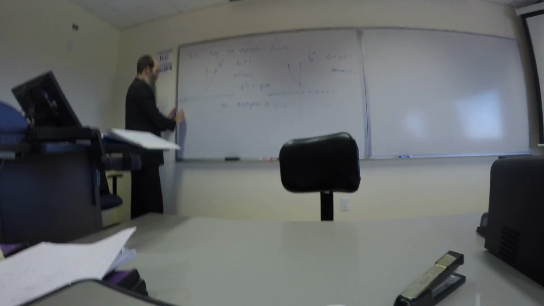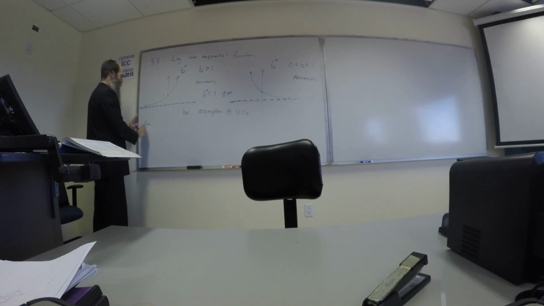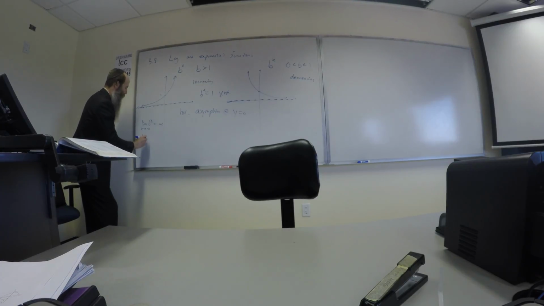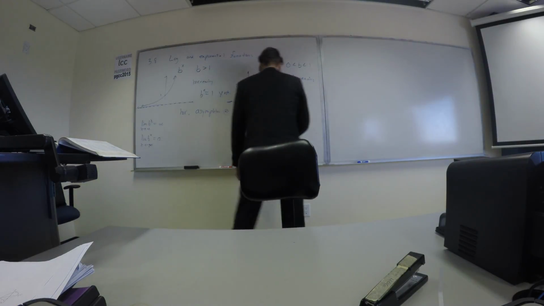And what else? Over here, the limit, we talked about this a while back, as x goes to infinity, the end behavior over here is the function b to the x goes to infinity, but as you go towards negative infinity, that's where the asymptote comes into play. So limit of b to the x as x goes to negative infinity is going to be 0. That's an important thing to remember for later on in the class as well.